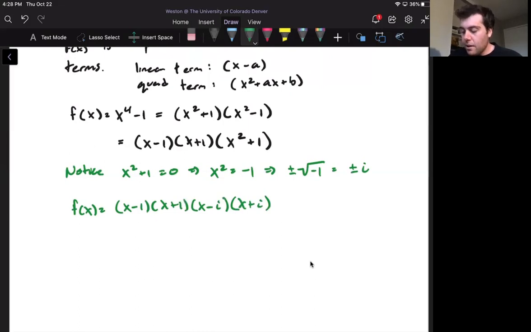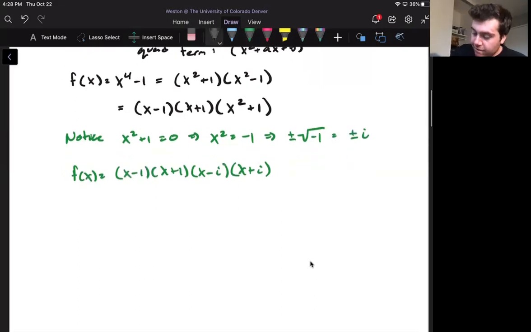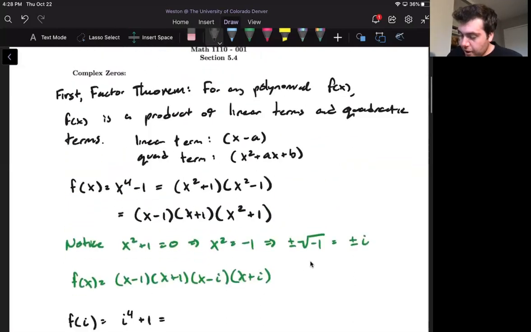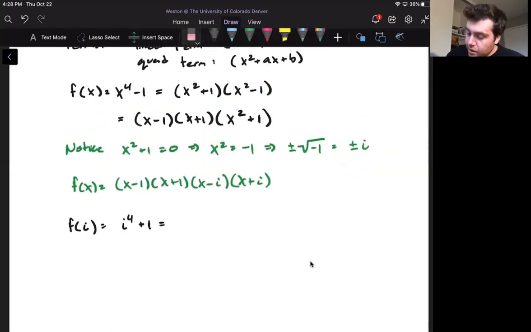And these zeros, the plus and minus i, still work the same way as all the zeros that we've seen before. If we evaluate f at i, we're just going to plug i into our equation, i to the fourth minus 1.